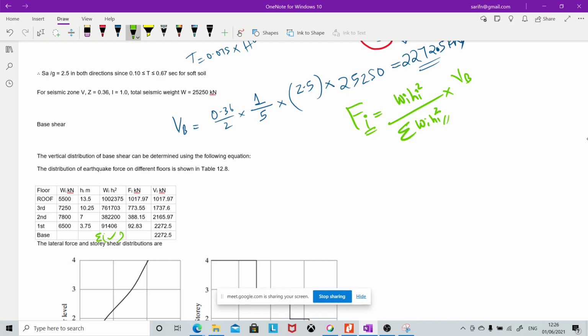Then each value in this column divided by this sum, so if I put this as X and this as Y, it is X divided by Y into VB. For each row you simply have to do that, then you will get these values. Is that clear?